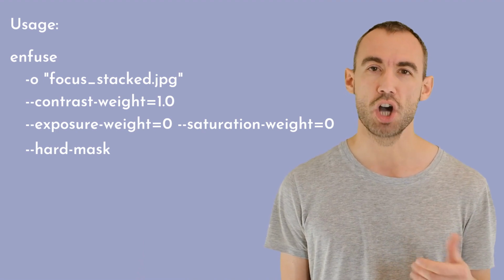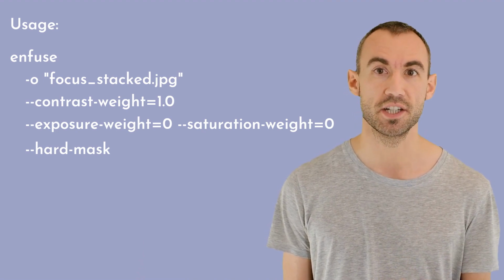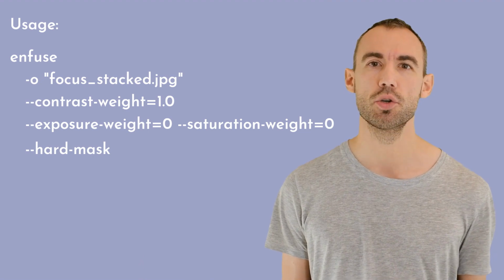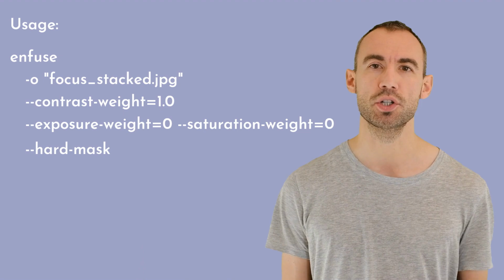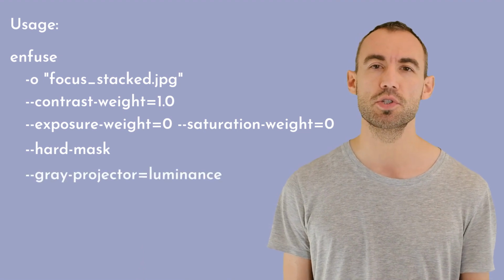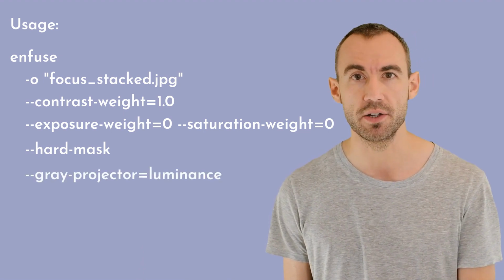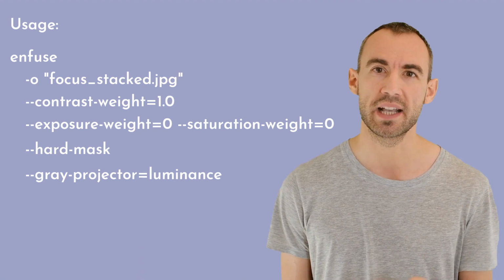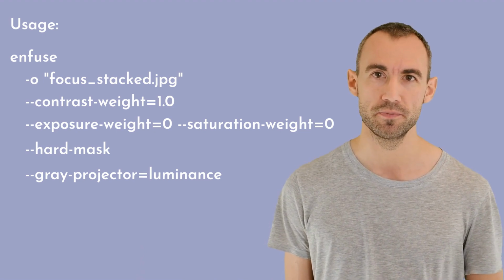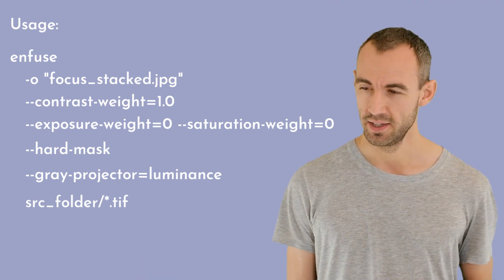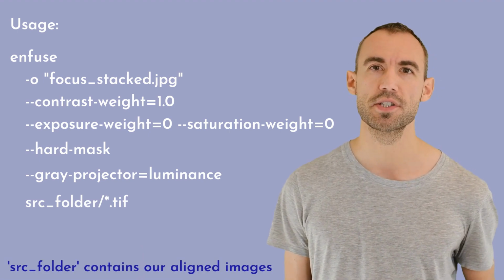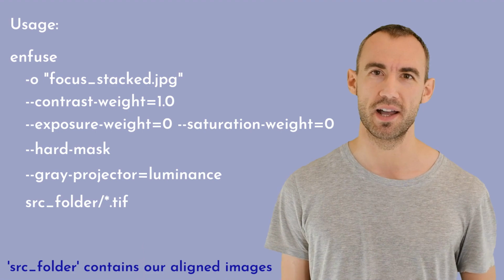Finally, the contrast that's used to find the sharp areas of the image is computed on a grayscale version of the image. And the option Gray Projector allows you to specify how these gray values should be computed from the color values of the original image. Luminance tends to work quite well. Okay, there are also other options, but I think these are a good place to start.